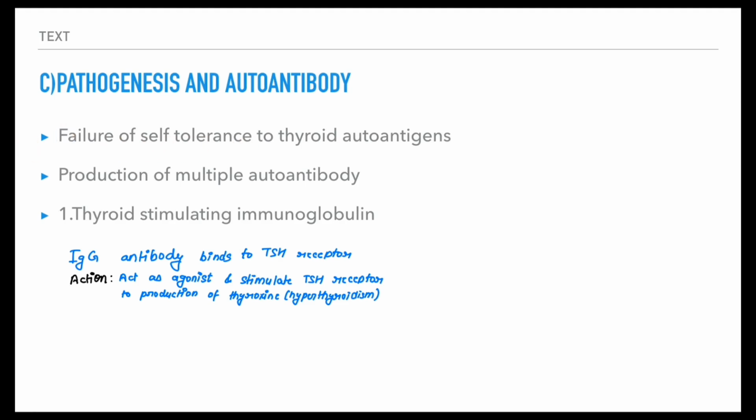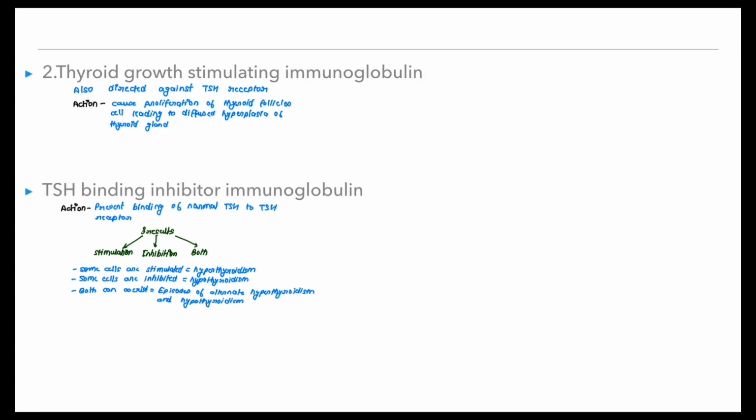First one is thyroid stimulating immunoglobulins, mainly IgG antibodies, which bind to the TSH receptor. The action is that it acts as an agonist and stimulates the TSH receptor to produce thyroxine, which leads to hyperthyroidism. Second, thyroid growth stimulating immunoglobulin.